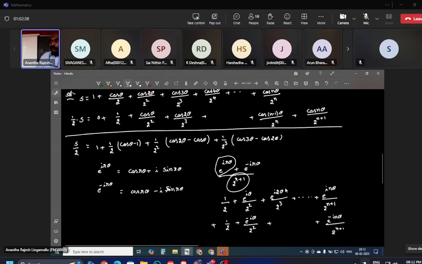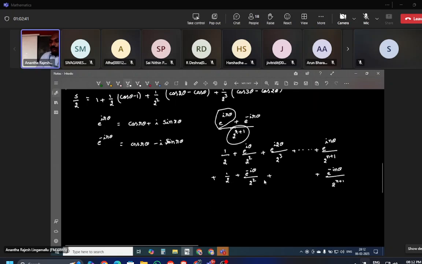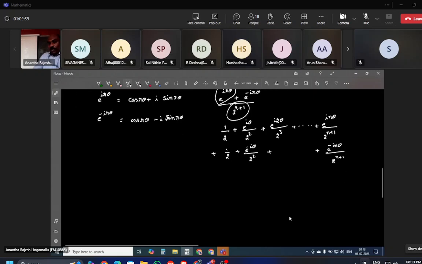Where from? Here. Multiple of e power i theta, e power i theta whole square, multiple of e power i theta. This is GP.